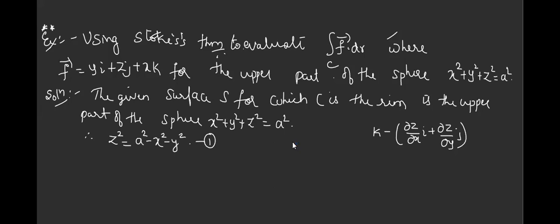And why am I using it? Because they have not given z equal to 0 here. That means the curve lies in all three, means all x, y, z are important here. It's not only the x and y plane. So you can say the x, y, z plane.